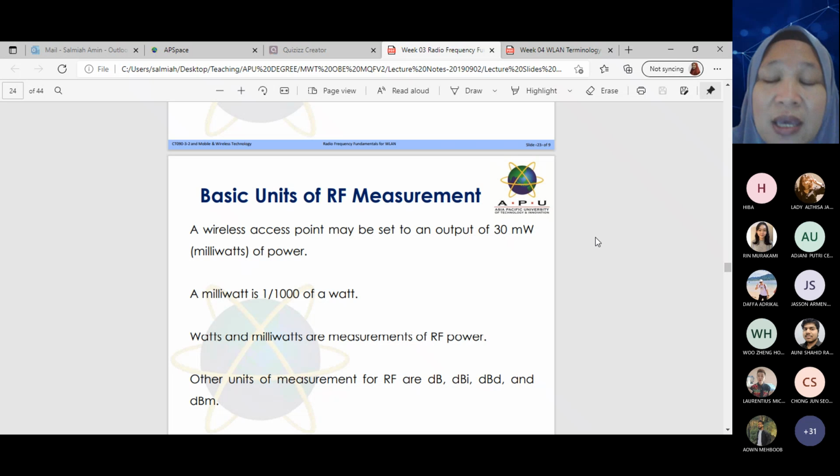Does the device consume so much energy? Consuming so much energy may lead to the issue of high utility bills, high electricity bills in your house.